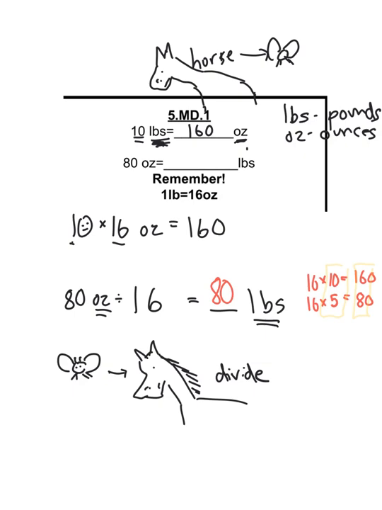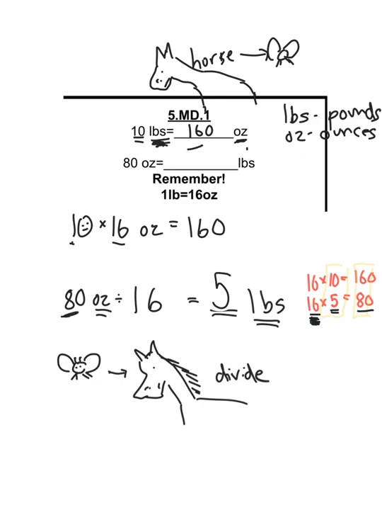Okay, so that's 80 ounces divided by, I've done something wrong. Okay, did you guys notice what my mistake was? Ha ha. This needs to be 5. So this is like saying 5 pounds times 16 ounces in each pound would give you your 80 ounces, which is here.